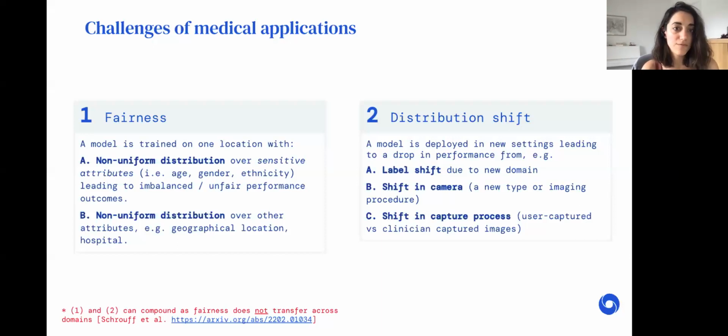And a different kind of shift can arise when the reference point of the capture process changes. For example, we have images captured by clinicians, and then we want to use the model to evaluate images that are captured by the individuals themselves to do some kind of early assessment of their conditions.